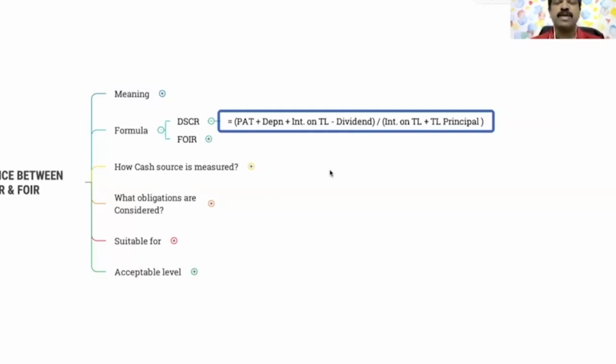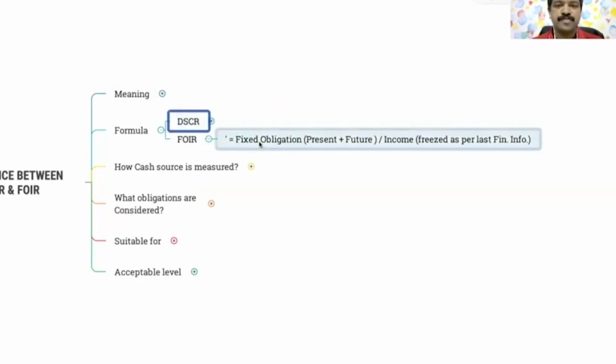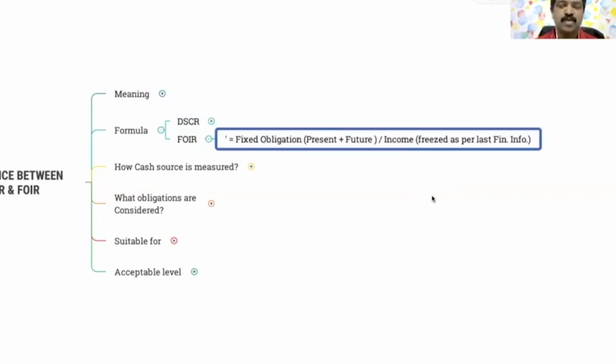So this will be calculated for each and every year so that DSCR of each and every year can be understood and arrived at. Whereas FOIR, the formula is like this. It is fixed obligation divided by income. And when I say fixed obligation, it is the fixed obligation with regard to the present loans which are running and the future loans that is proposed.